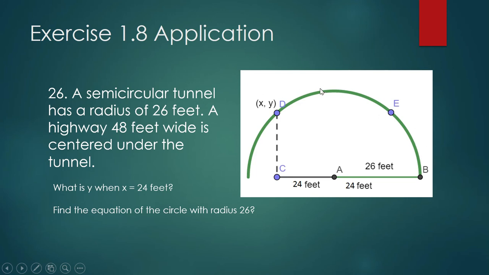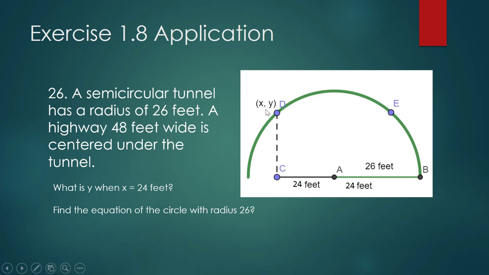It has an equation. And so this circle here has points, each of them with x and y coordinates. What is the value of y when x is... If this is drawn in your rectangular Cartesian plane, this is going to be negative 24 feet. This is the origin, negative 24 feet.